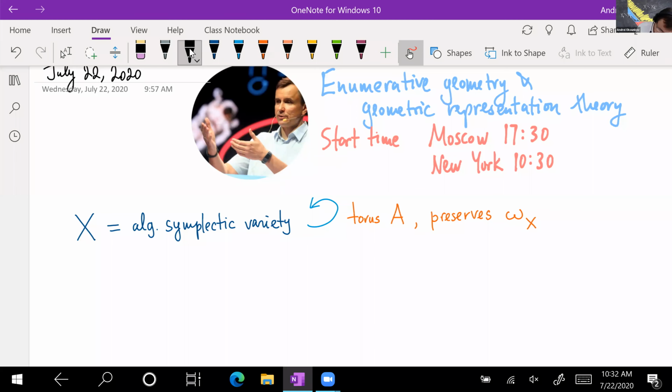But then it fits into a bigger group of transformations. So there's a larger torus T that scales the symplectic form with some character.